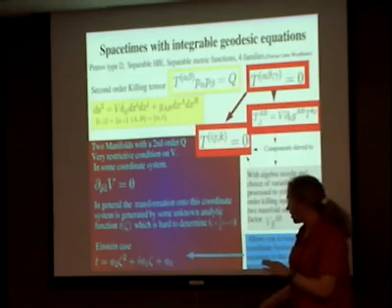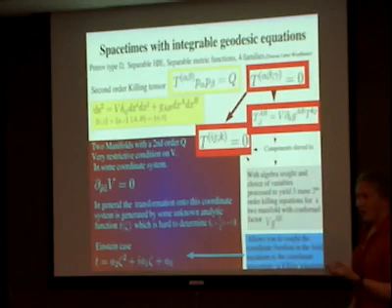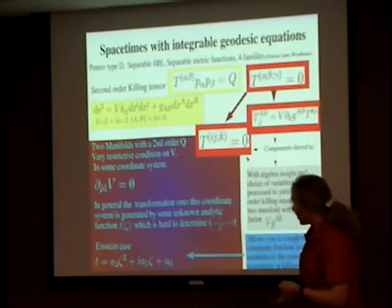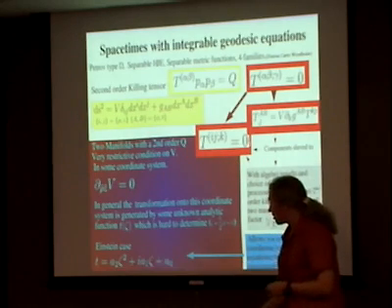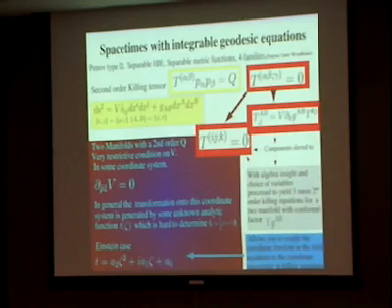If you set A1 equal to 0, you have the set of spacetimes that correspond to Kerr's solution, with 2 independent roots to that equation. The other cases, where you have 1 root or 2 roots that coincide, correspond to the other 2 families of spacetimes.